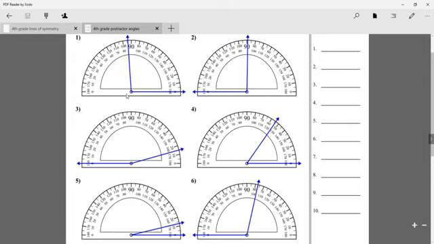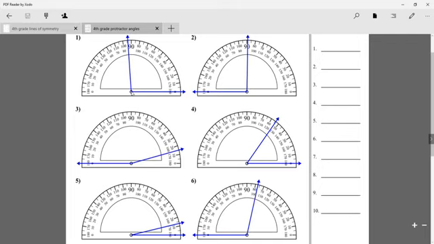So the protractor is already drawn here and it's already lined up properly. If it's not, and you have a protractor, how to line it up properly is you always put the vertex or angle right in the middle of this circle here. There's always going to be a circle in the middle bottom of your protractor.